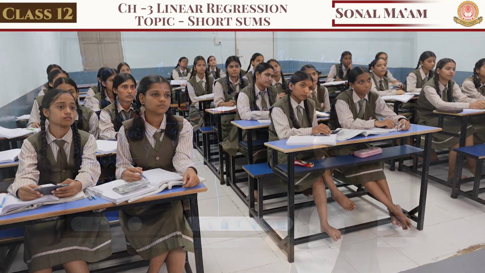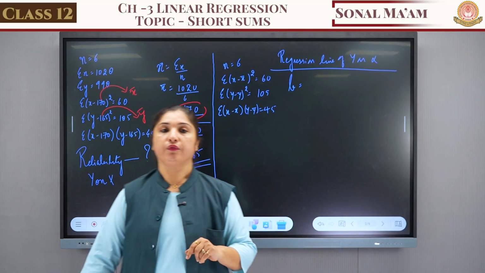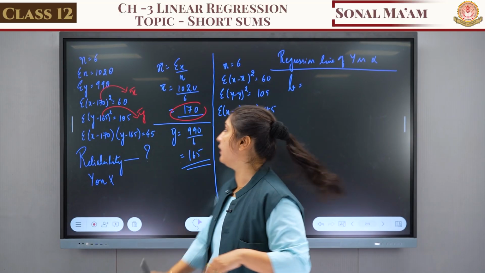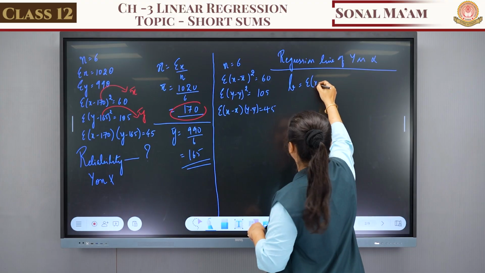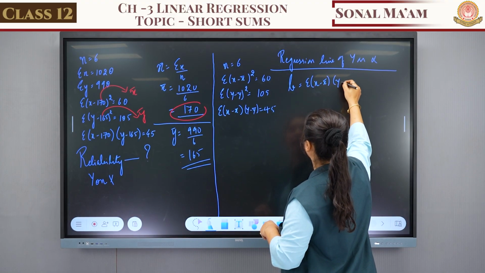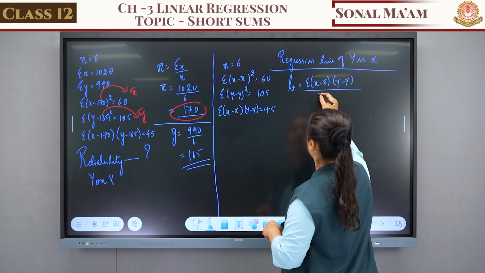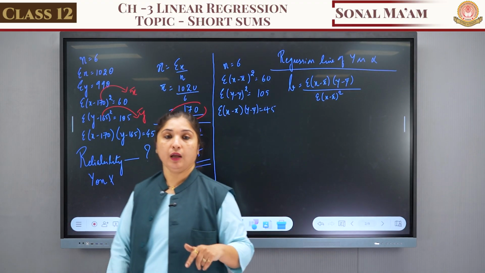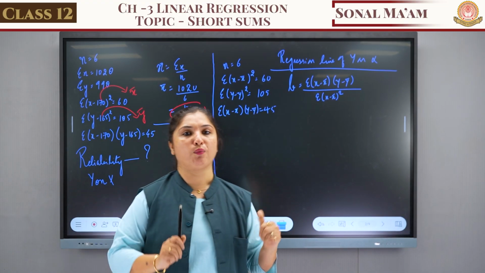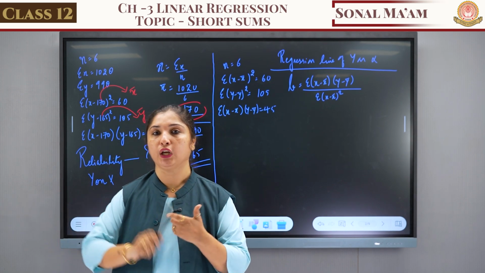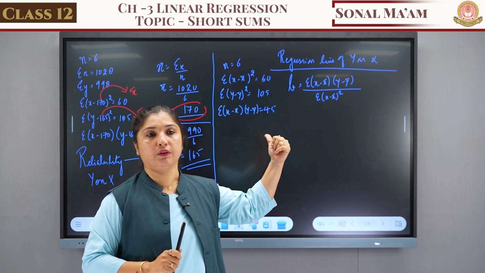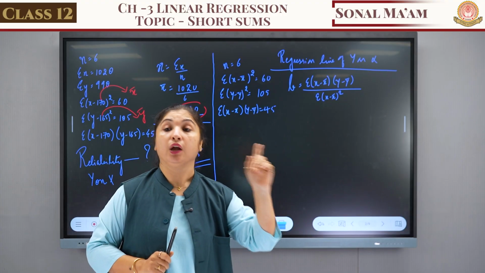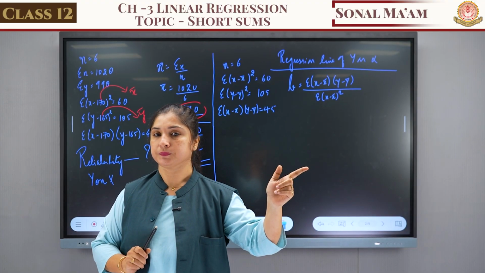Depending on the data given to us, we know the formula for b will be summation x minus x bar, y minus y bar, divided by summation x minus x bar the whole square. Because whenever we compare this with linear correlation, in the formula of b we don't have to take the under root, we don't have to take the y portion.